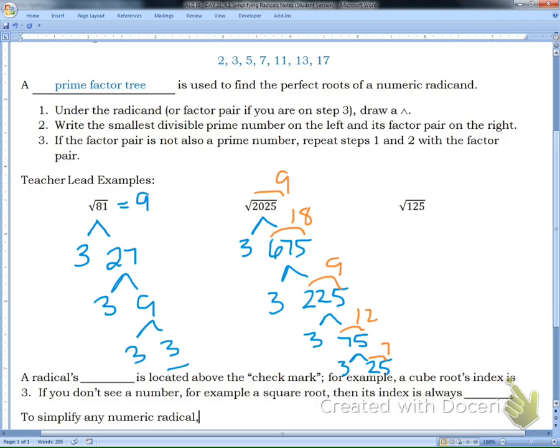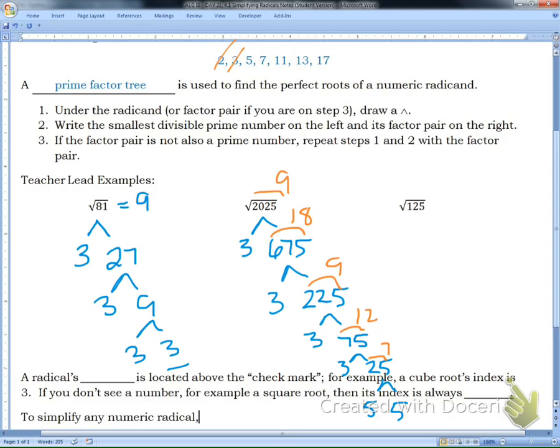So we need to go to our next prime number. We've done our 2's, 3's, we're ready for our 5's. Can 25 be divided by 5? Sure it can. 25 divided by 5 is 5, and 5 is a prime number, so there we're done with that factor tree. I may have to recopy that in a little bit when we go down below.